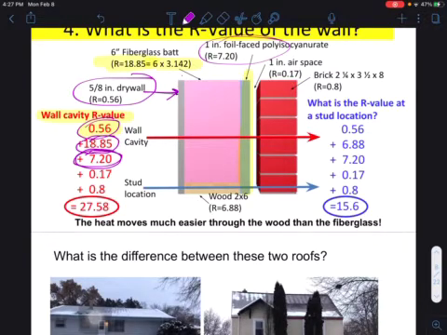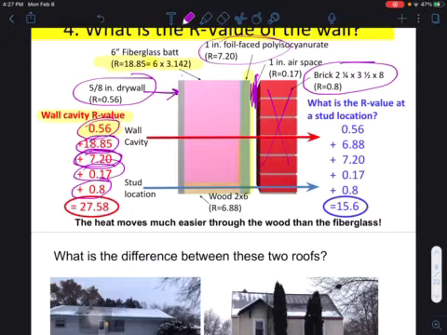And then the next is this white space right here in the middle. That white space is airspace, and it has a value as well, 0.17. And then the last part, the red part out here, is a brick, and the value for brick right here is 0.8.